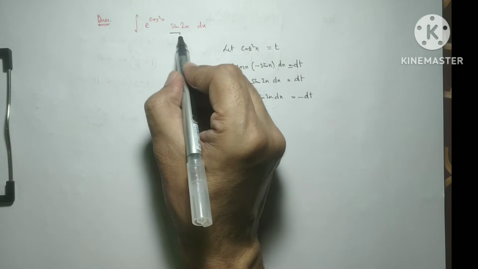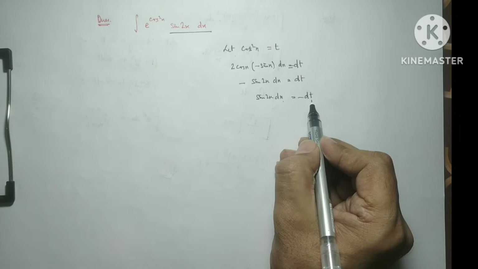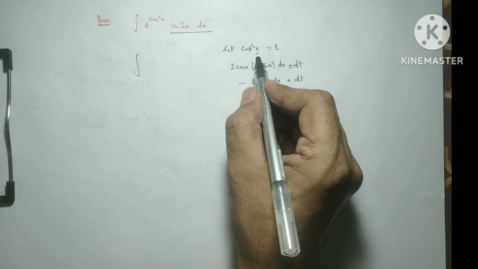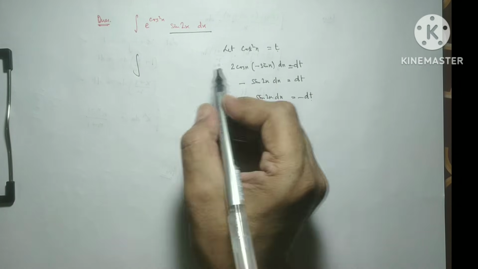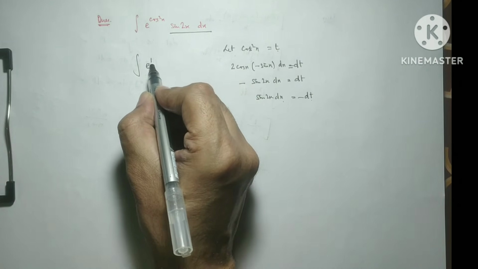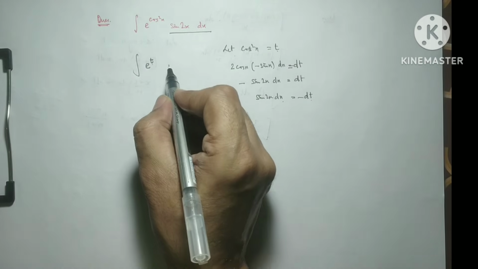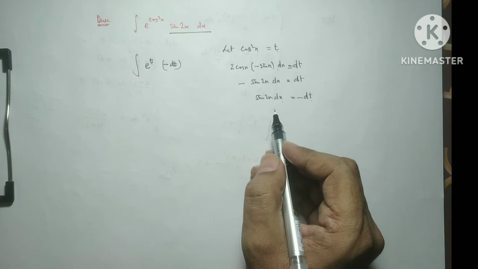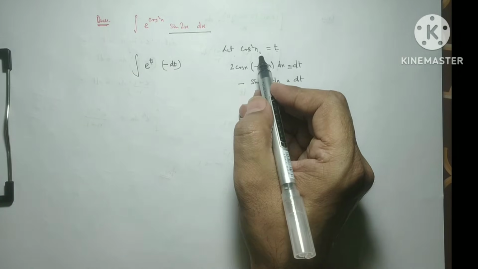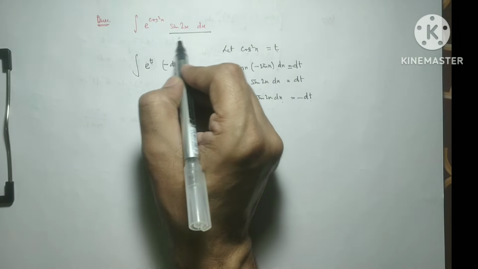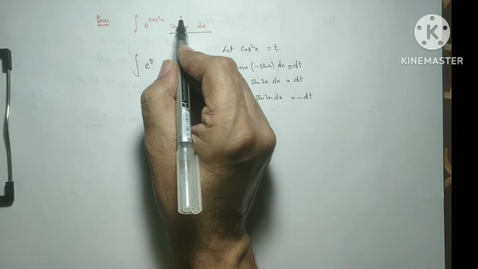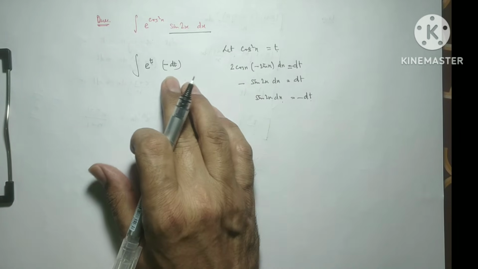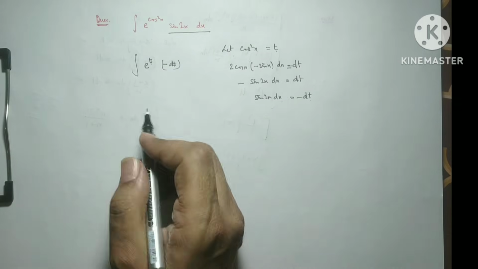So we have the value of this sin 2x dx, and this cos square x, the power of exponential, is t. Now it becomes e to the power t, and this becomes minus dt. So you can see easily by substitution we can mold, or we can change this type of integration question into very easy standard functions.